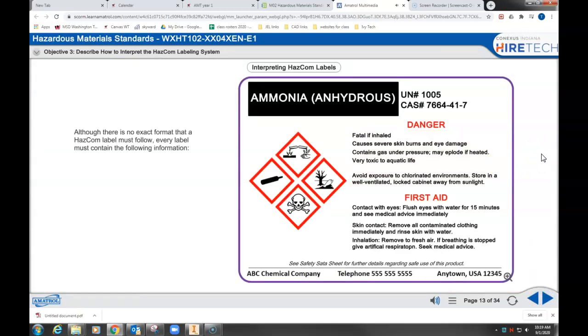Although there is no exact format that a HAZCOM label must follow, every label must contain the following information: chemical identifiers, signal word, hazard statements, precautions, pictograms, and emergency contact information.